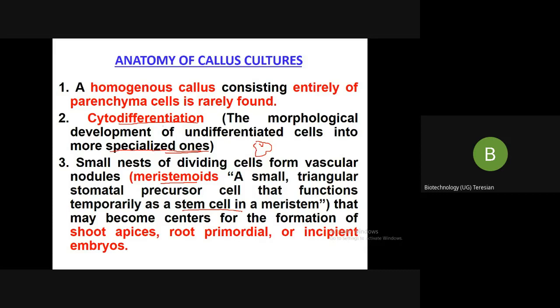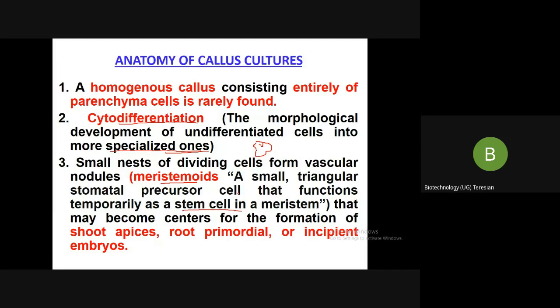Similarly, in the plant, in the callus, what we call meristemoids represent the stem cells in the meristem, and this is a precursor. Precursor means it is going to initiate the formation of the shoot or root or embryo or any other part of the plant. So this becomes very important.